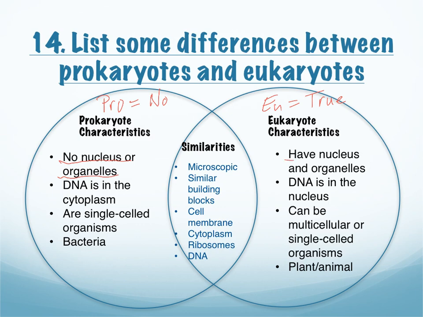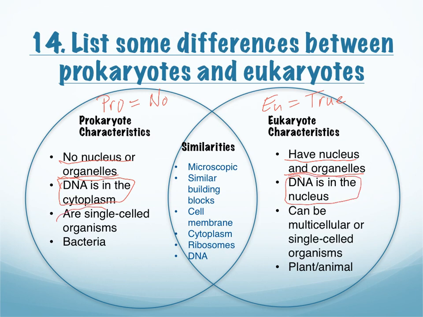Eukaryotes have a true nucleus and true membrane-bound organelles. Because prokaryotes have no nucleus, the DNA is just floating in the cytoplasm. It's just inside the cell membrane, but it's not in the nucleus because prokaryotes don't have one. Eukaryotes, the DNA is in the nucleus.